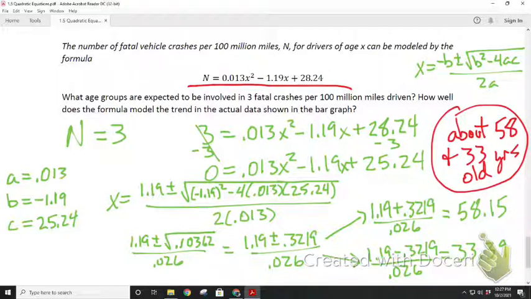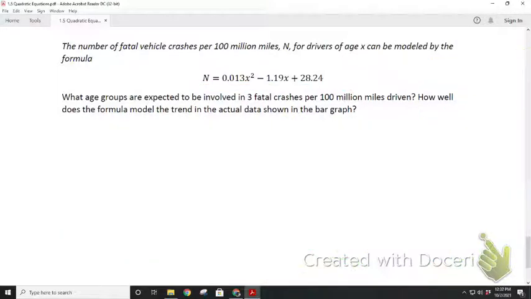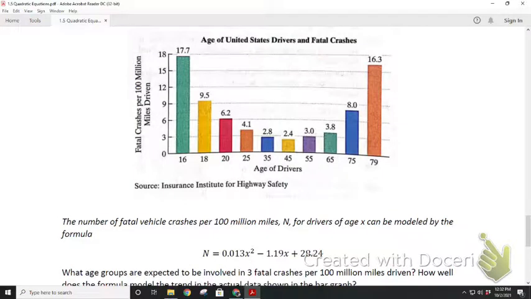So take a mental picture of that 58 and 33. Scroll back up. Look for 3 or something close to it. And I see this bar, and I see this bar. I don't know, it's not perfect. 33 and 58 are pretty close to that.